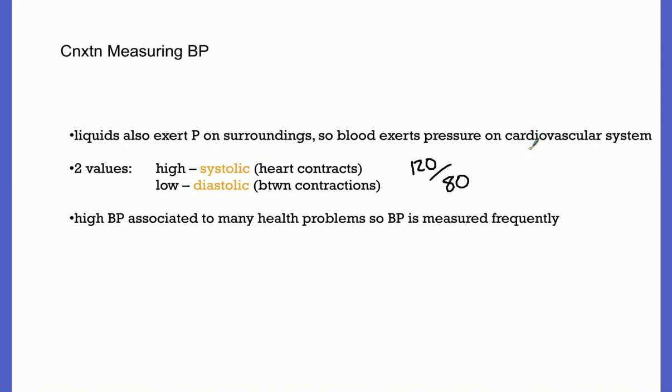It doesn't actually mean a whole lot right away. But high blood pressure is associated with a lot of different health problems. So it's measured frequently in a hospital, and it's one of those stats that they keep track of to see how conditions for that patient are changing.